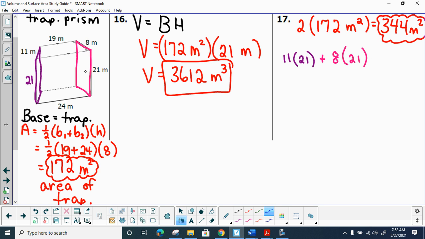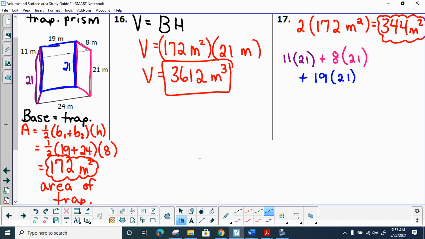Then I have the front rectangle here that's 19 by this distance. I know that height. That's 21 again, right? So 19 times 21.